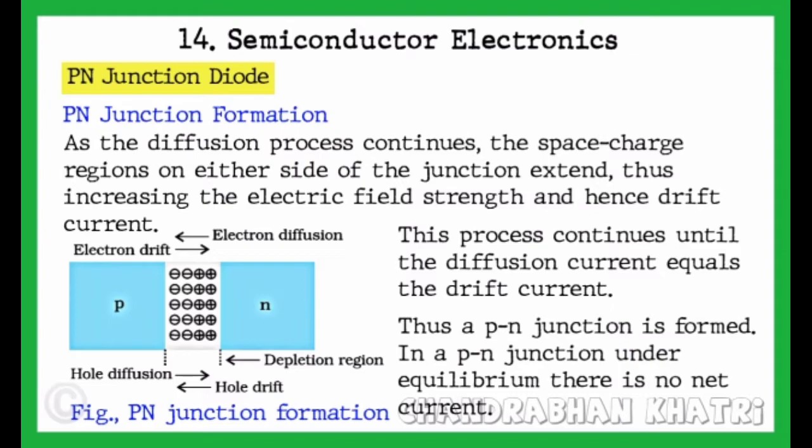As the diffusion process continues, the space charge region on either side of the junction extends, thus increasing the electric field strength and hence the drift current. This process continues until the diffusion current equals the drift current. Thus, a PN junction is formed. In a PN junction, under equilibrium, there is no net current.